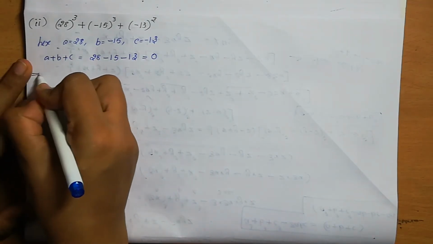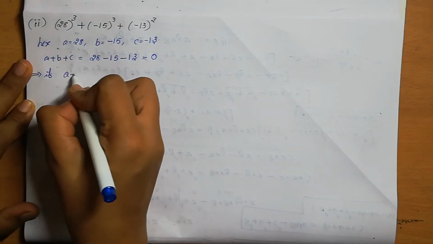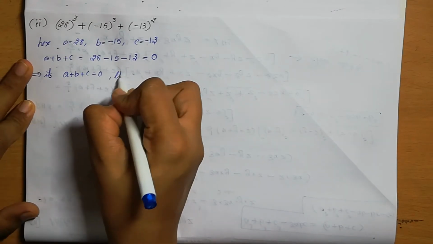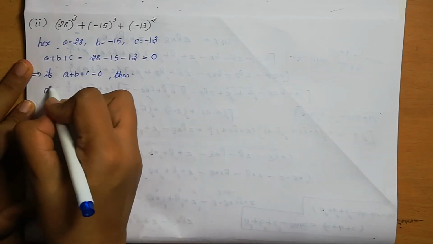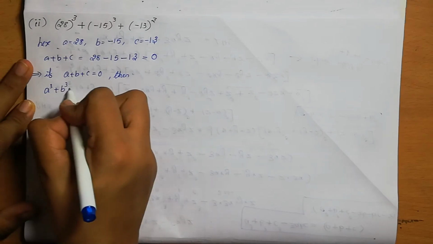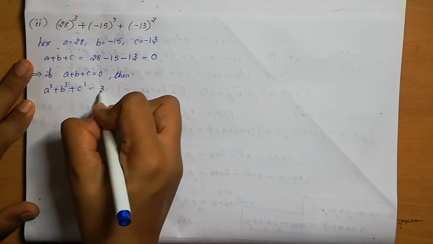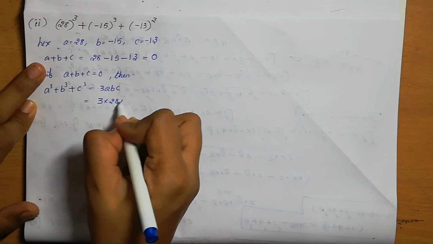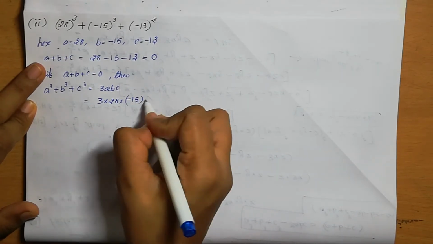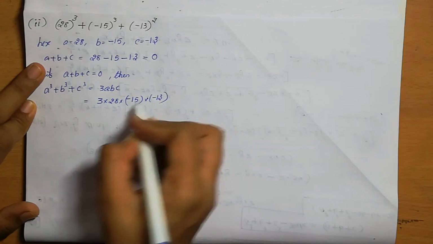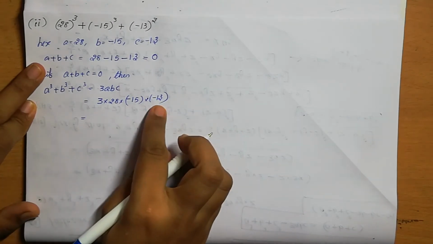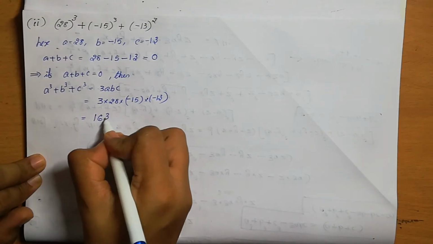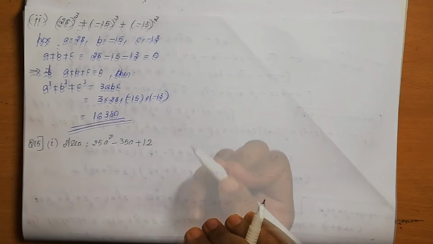If a plus b plus c equals 0, then a cube plus b cube plus c cube equals 3abc, that is 3 into 28, into minus 15, into minus 13. Multiplying all these terms, minus minus plus, we get the answer 16,380.